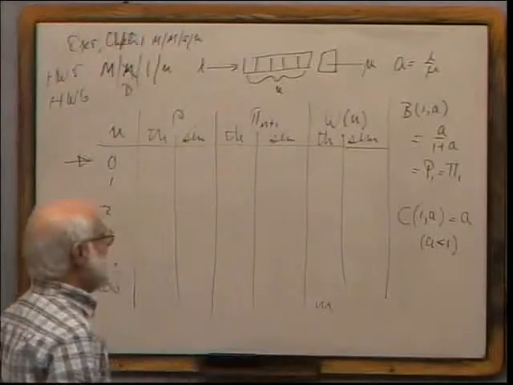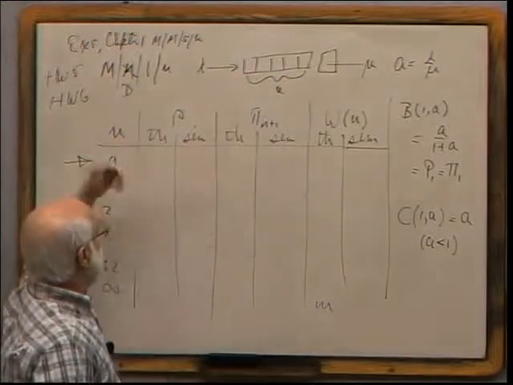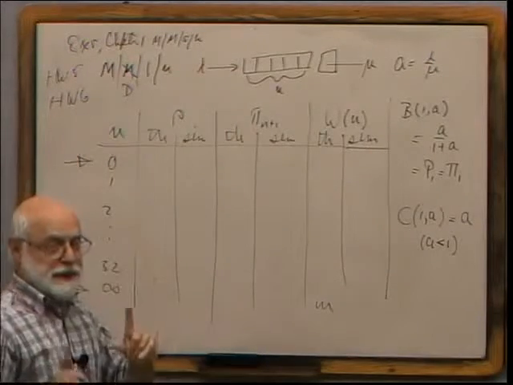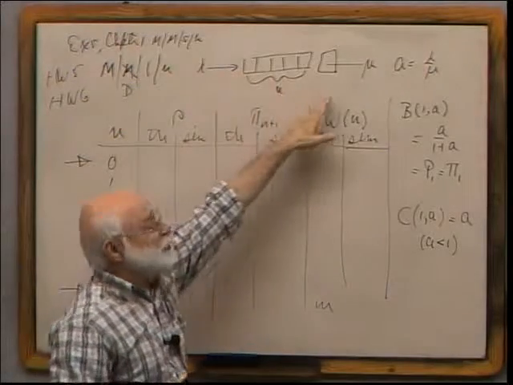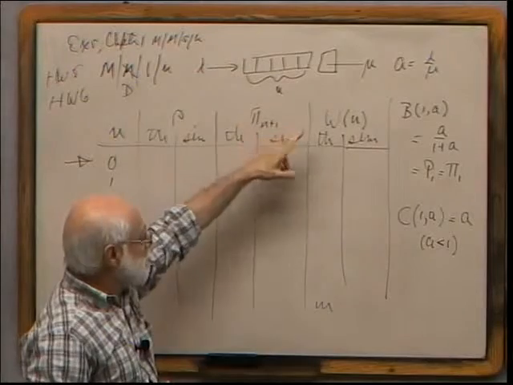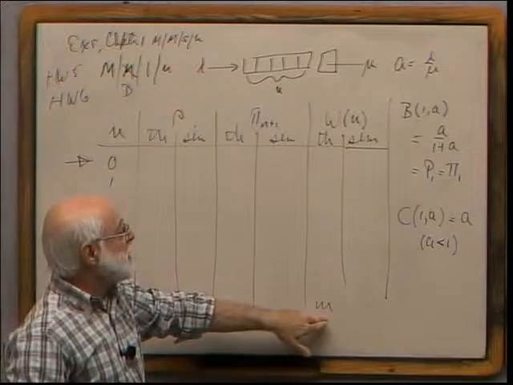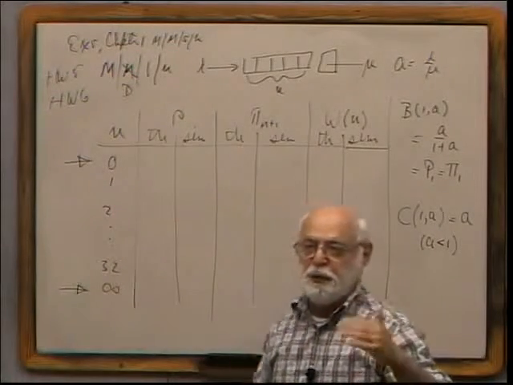The reason here is that when n goes to infinity, then if a is less than 1, as is true in case 1, not in case 2, then what that means is that everybody who arrives gets served. And therefore, as n goes to infinity, this is just going to be the Erlang C model because you don't have to worry about what happens to the customers who are denied service.